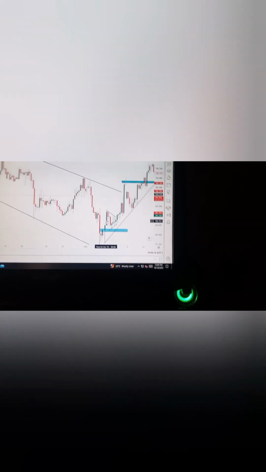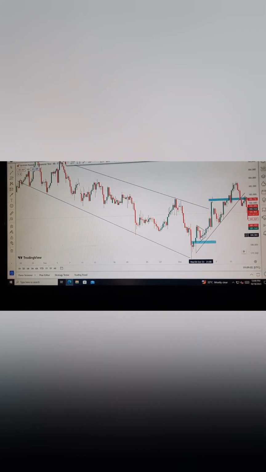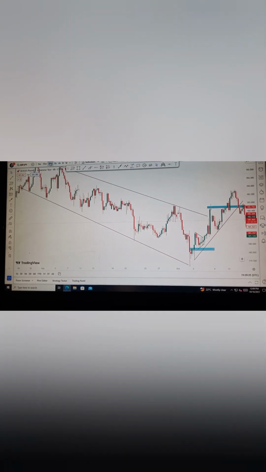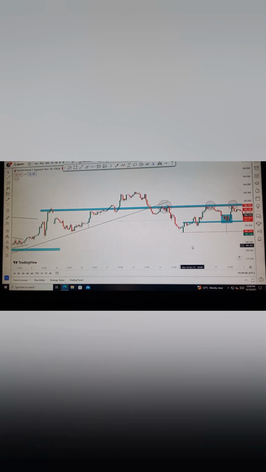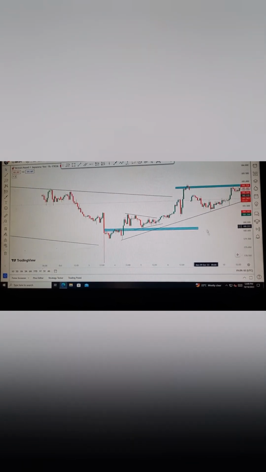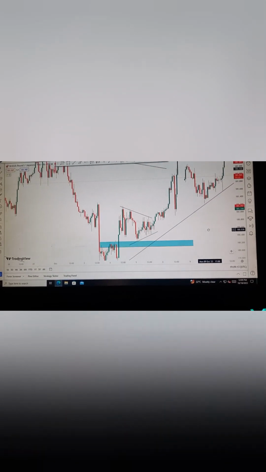So on the 4 hour we could see that price moved up from this week, and it rejected this area here with these rejections. It was a nice impulse candle, then came down in a corrective manner, where we went to a lower time frame, the 1 hour, and you can see what I saw.